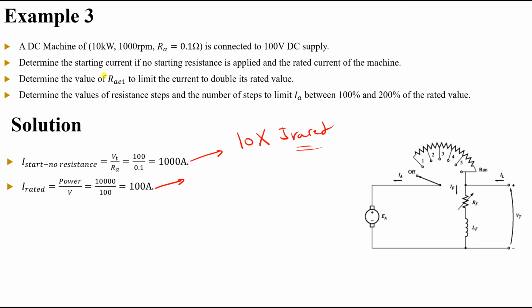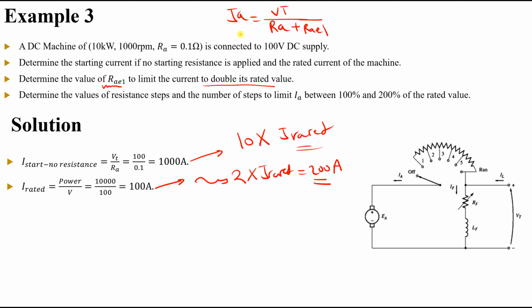So what I'm going to do is add a resistance to limit the current to double its rated value. Double its value means the current will be 2 multiplied by I_rated, which means 200 amperes. That is the maximum current I need at starting. So our current equals V_terminal over R_armature plus the additional resistance R_e1.